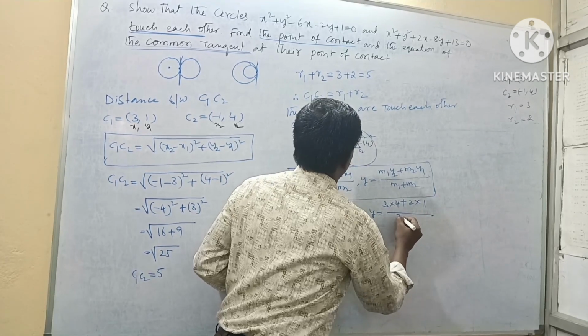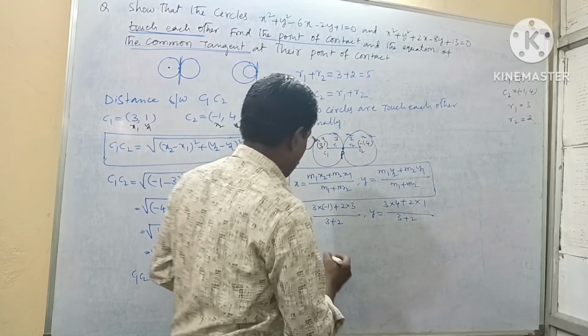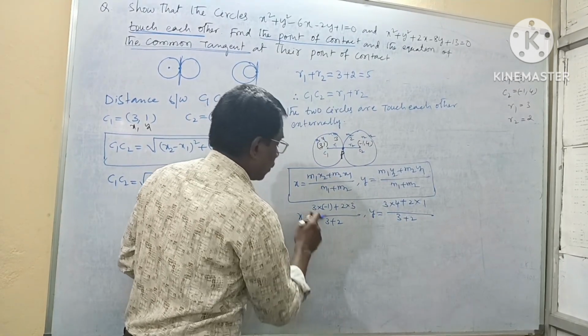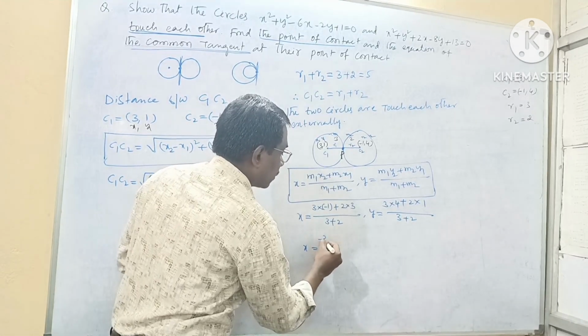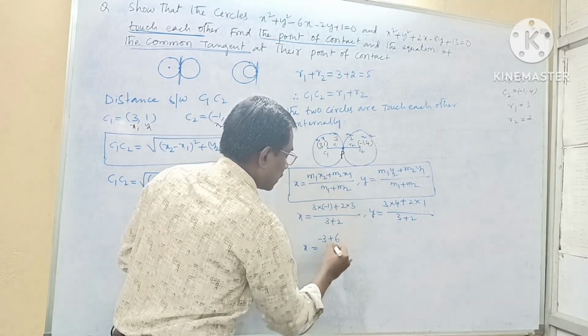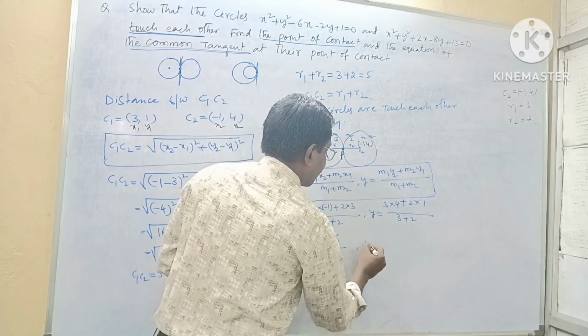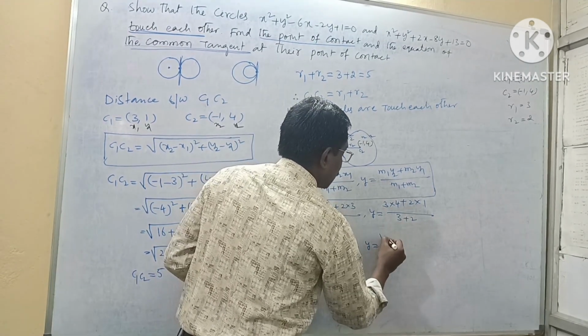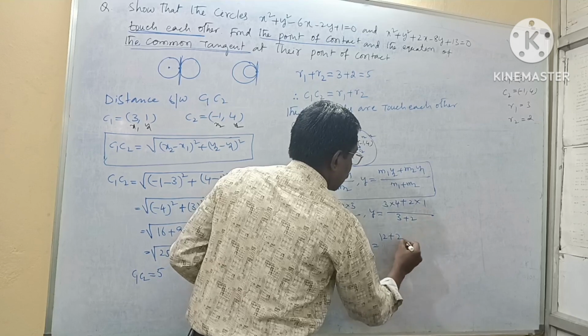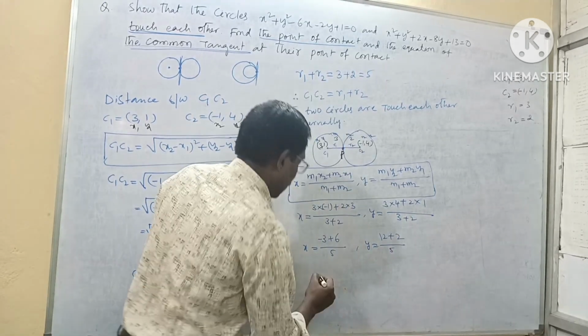By m1 plus m2. x is equal to 3 into minus 1 is minus 3, plus 2 into 3 is 6, by 3 plus 2 is 5, comma y is equal to 3 into 4 is 12 plus 2 into 1 is 2, by 3 plus 2 is 5.